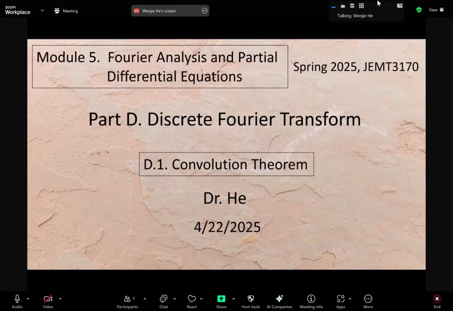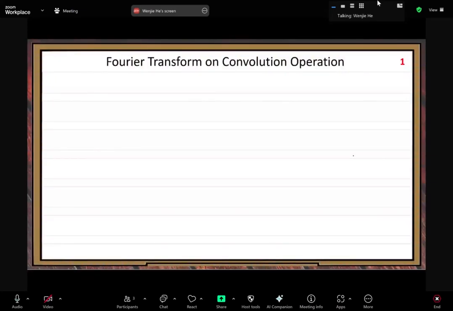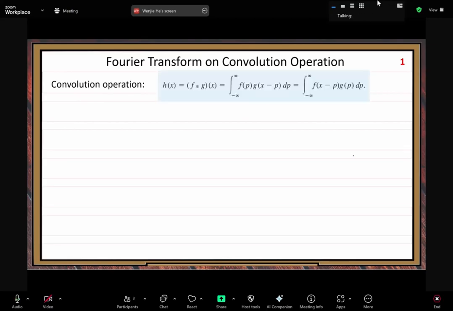First, let's review the convolution operation, the definition of convolution. The convolution operation is defined in this way. We apply the convolution operation on two given functions, f and g. Then we use another function, h, to denote the convolution of these two functions.